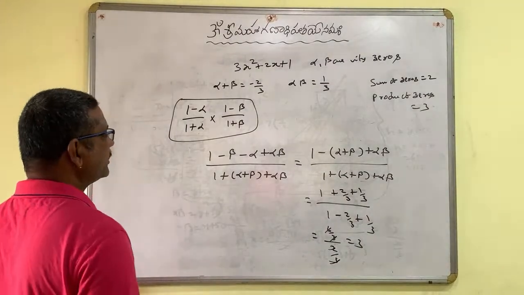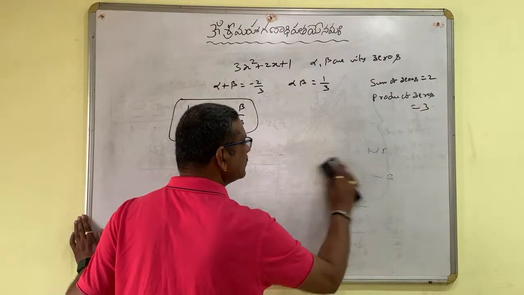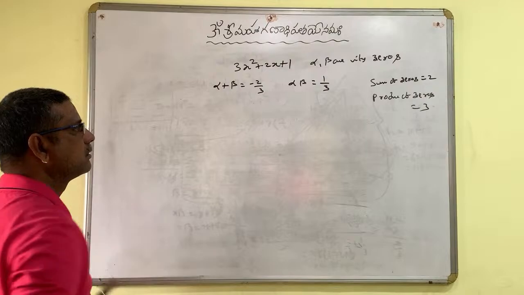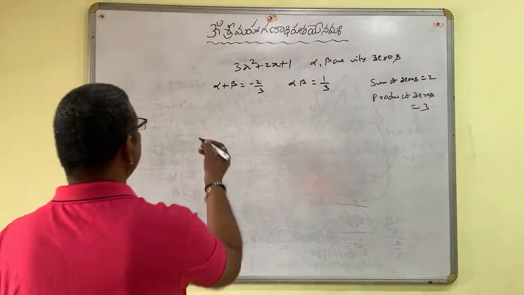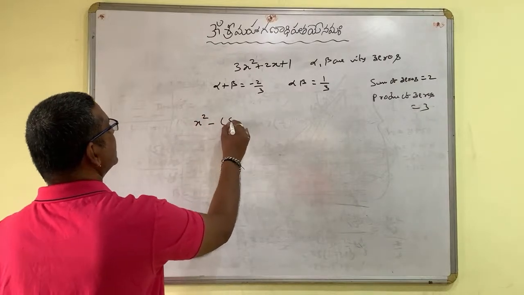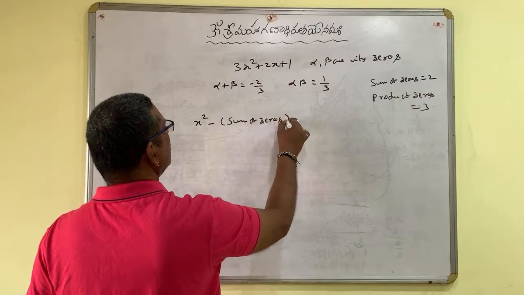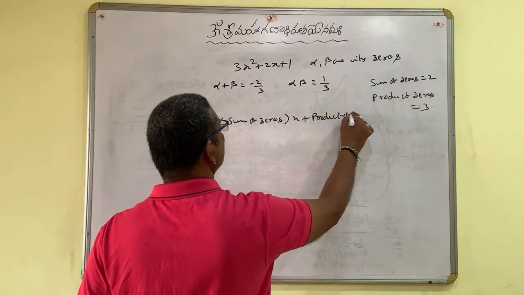Product of zeros of the new polynomial is 3. So the new polynomial is x square minus sum of zeros into x plus product of zeros.